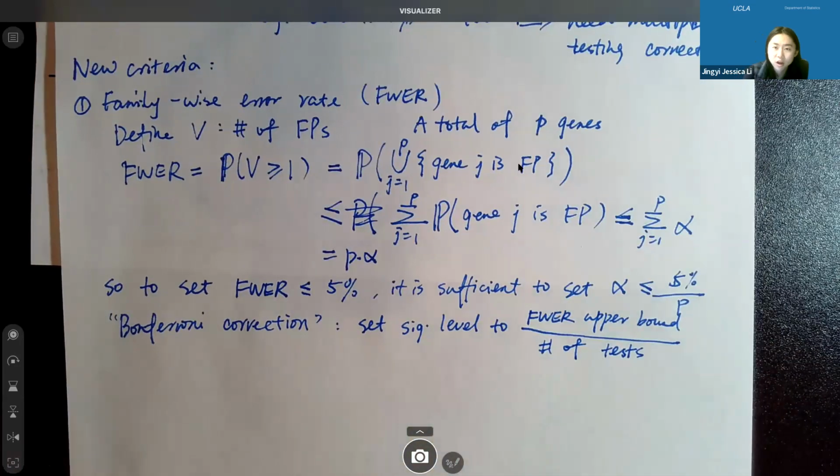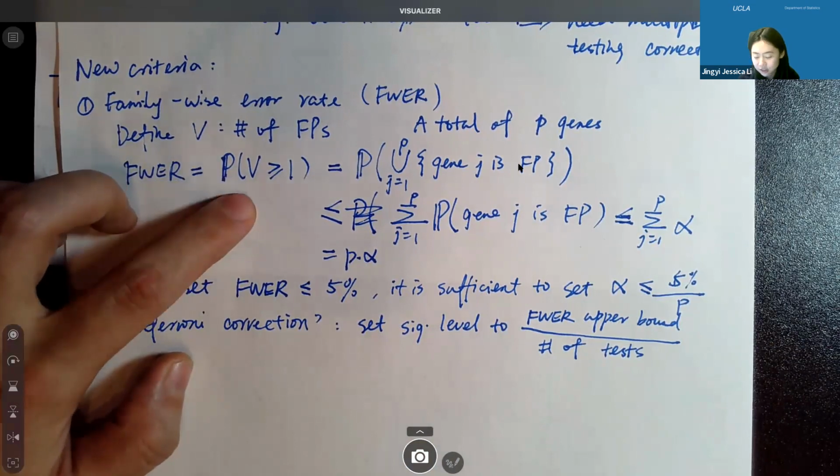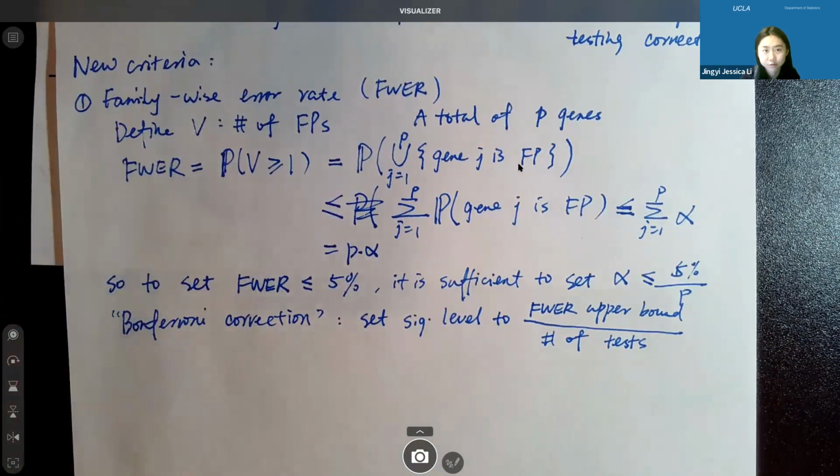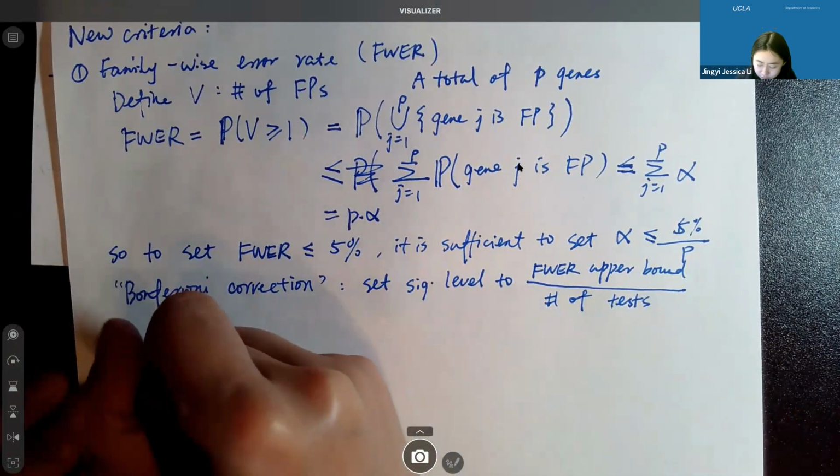So you are no longer controlling significance level to 5%. Instead, you're controlling it to 5% divided by the number of tests. So this is very conservative, but it works. It can actually ensure that you will not have too many false positives, right? Because the chance of having any false positive is under 5%, which is very rare. But the problem is that it is too conservative.